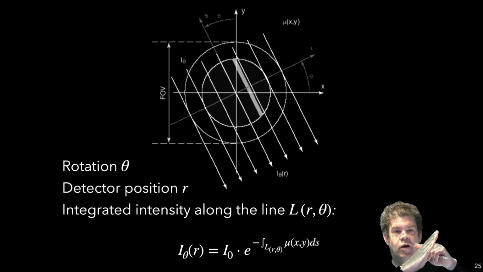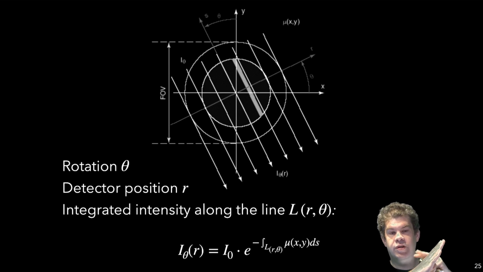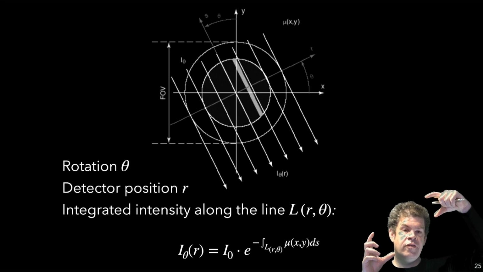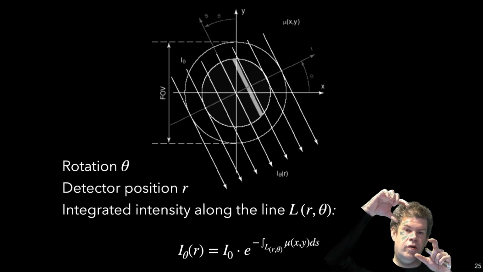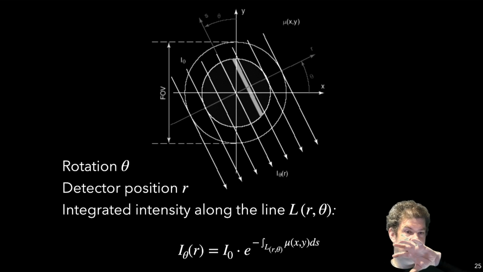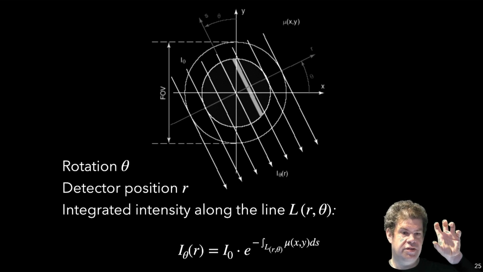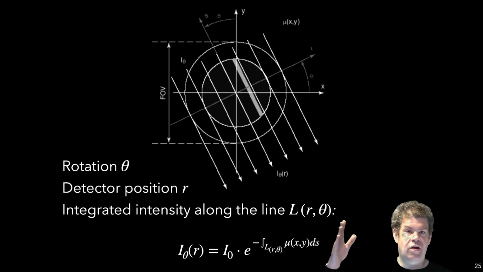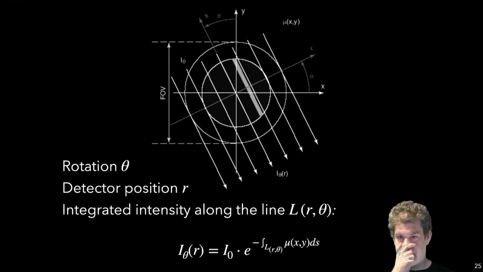So on one side we have our little vacuum tubes with a xenon gas that would detect, and we just enumerate them by R. So the first one is R0, R1, R2, R3, R4. So we have different detections, and we do this for every angle theta. So for a bunch of discrete angles, we do a measurement, rotate the thing, do a measurement, rotate the thing. So what we get in the end is a bunch of those integrals depending on the angles theta for a discrete set of R's. So for a discrete set of detectors.